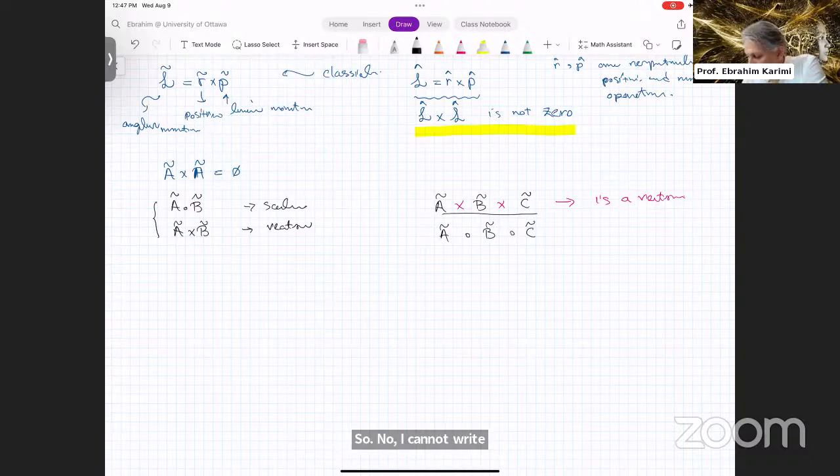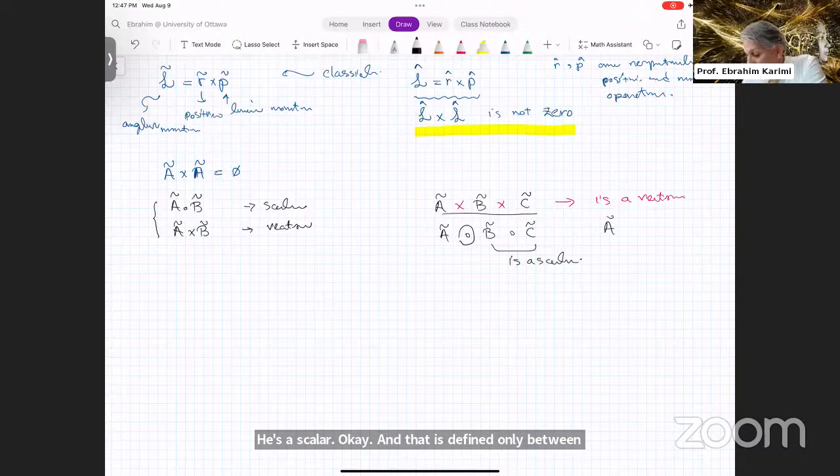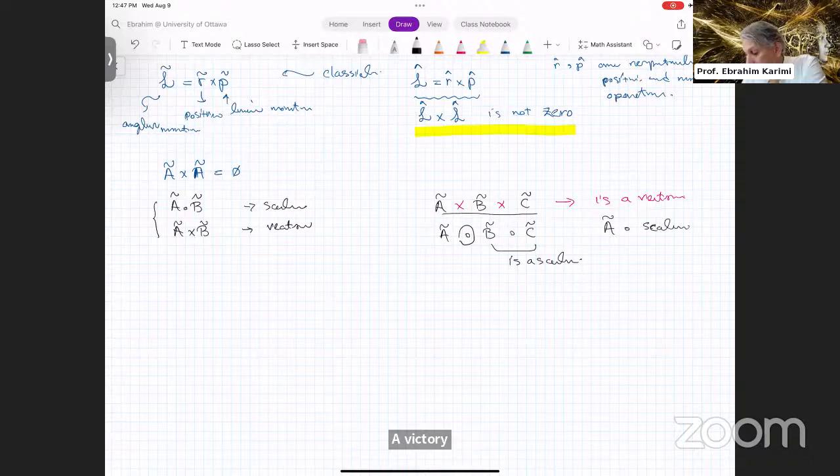Why? Because B dot C is a scalar, and dot is defined only between vectors. You cannot have a vector dot product with a scalar quantity, so this doesn't exist.